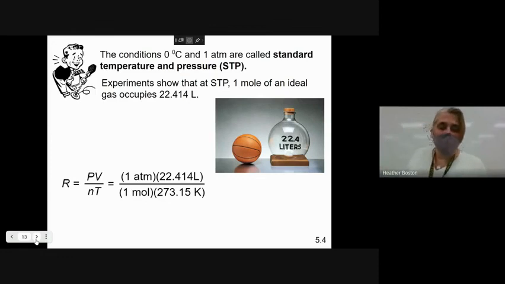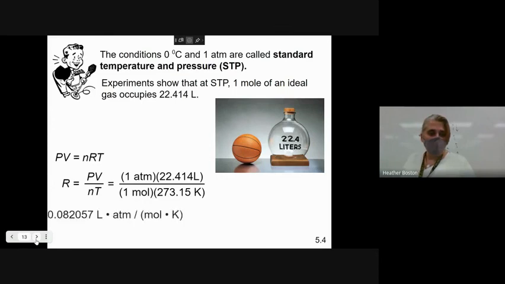So when I plug this all in, it's a constant. So my formula, if you combine all of these together, you get P and V on the top and N and T on the bottom. If I plug in my STP values, I get a constant. That constant is called the ideal gas law constant.